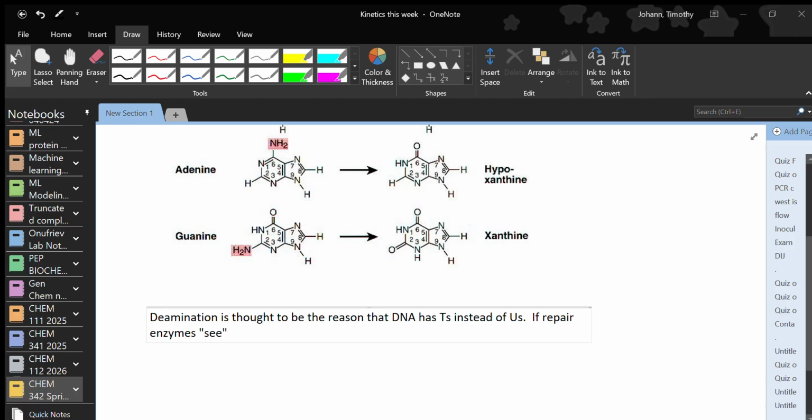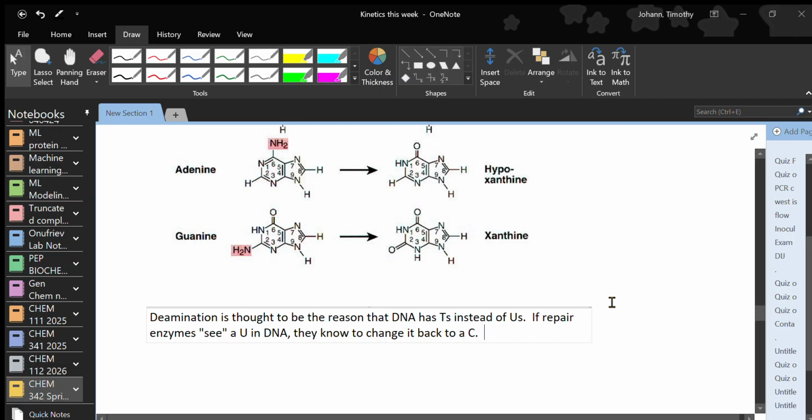London forces for you guys. So if a repair enzyme sees a U in DNA, once again, they're enzymes, they don't really know, but they fix it, changing it back to a C. Does that make sense? Okay.